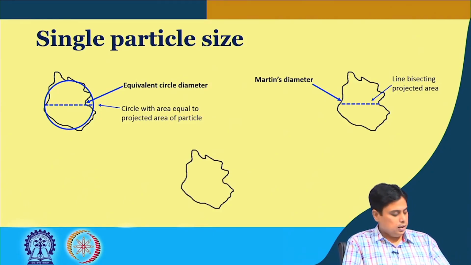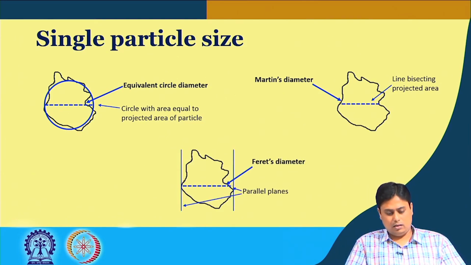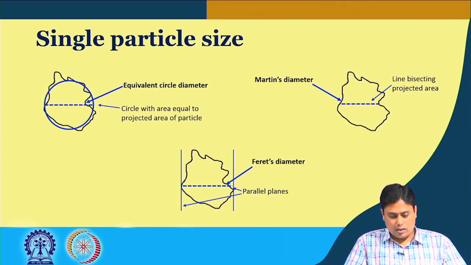The third possibility can be that we draw two parallel planes or parallel tangents and find out the distance between the two parallel planes, which is again a representative diameter called the Feret diameter. Now, this is quite common because sometimes we measure a single particle size by caliper. So, caliper measurement typically gives this Feret diameter for irregular shaped particles.